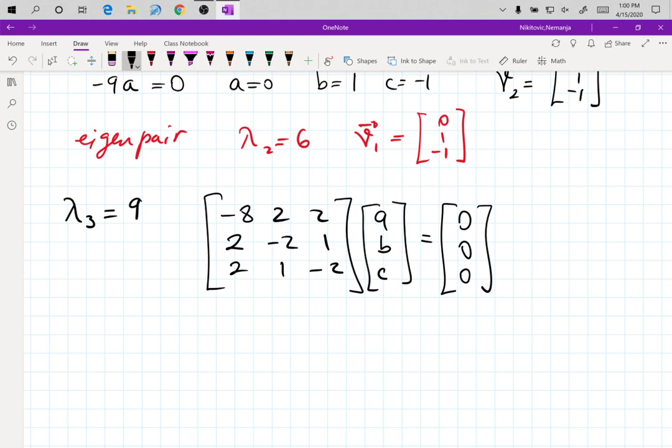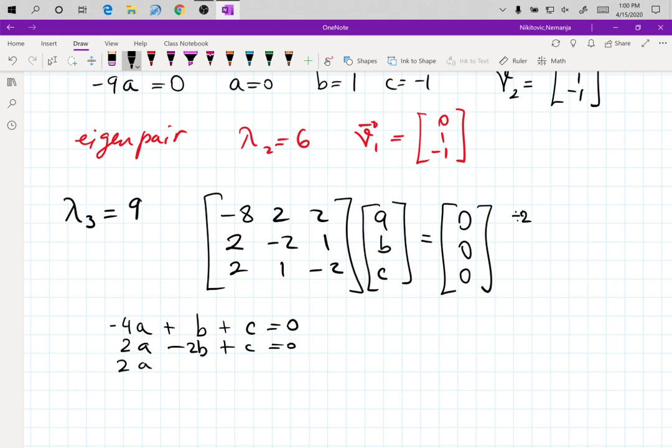So I can divide this one by 2. So I have -4a plus 2b plus b plus c equals 0. 2a minus b minus 2b plus c equals 0.